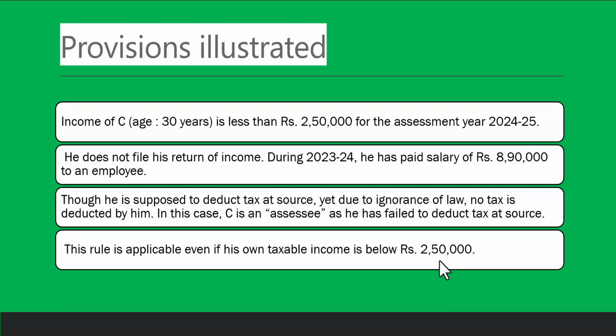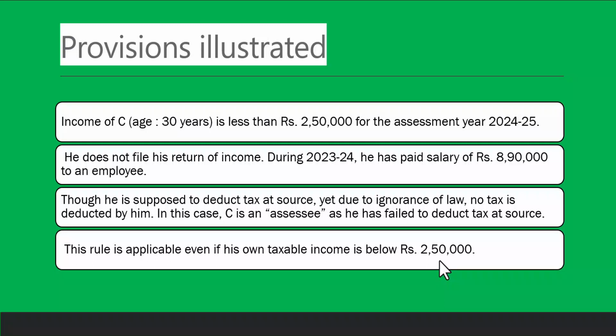Sir, even if the income is below the threshold or the exempted limit, the TDS is deducted, right? This is the TDS for the other person. Suppose I am a person C, my age is say 30 years, and my income is below 2,50,000. Suppose I have hired you, I have hired Kishore, and I am paying a salary of 8,90,000 to Kishore.